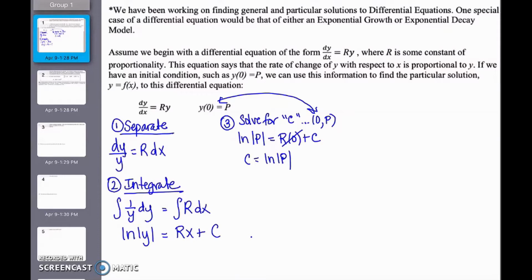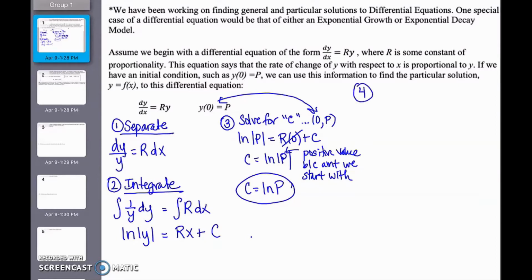So this p is going to be some positive value, because it is the amount we start with, and obviously we can't begin with a negative quantity of anything. So at this point, c is just equal to the natural log of p.